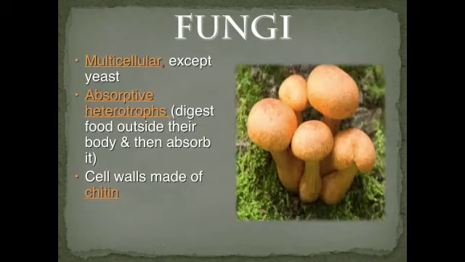Now let's focus on fungi. Fungi are mainly multicellular. There is one unicellular fungus that we're going to focus on, and that's yeast. So yeast, even though it's a eukaryote, it is unicellular. Now, fungi are heterotrophs, but they're more described as saprophytes, meaning they live off the dead, and they secrete enzymes first, and then they ingest.